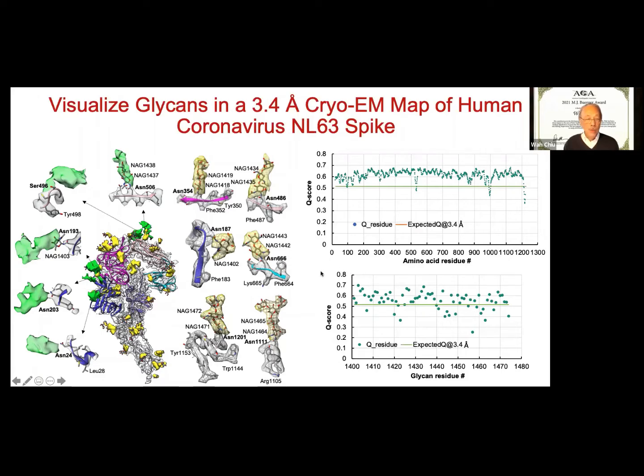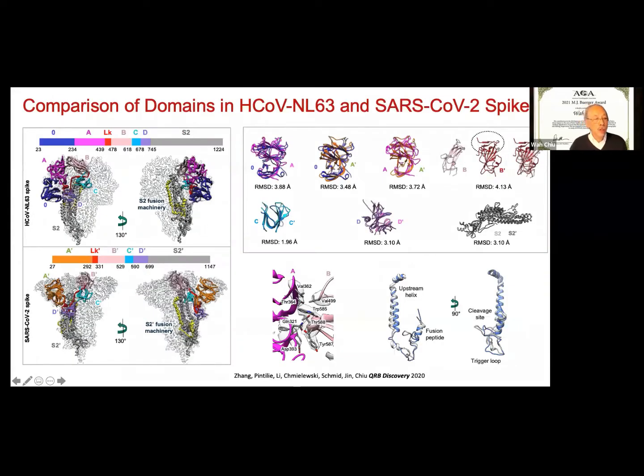Now, since we have the structure, the ultimate interest is how this alpha coronavirus NL63 differs from the COVID-2. So here is our structure on the top, and the residue numbers are different. The alpha coronavirus is slightly longer than the beta coronavirus.